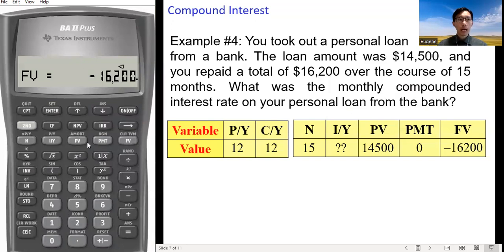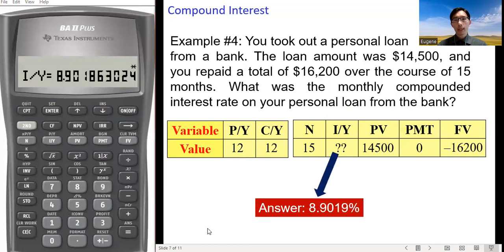And then we can compute IY. So the interest rate is 8.9019%, but this is the nominal rate. We need to include the frequency. We key in PY or CY as 12, indicating the interest rate is compounded monthly. So this answer, 8.9019%, is compounded monthly.